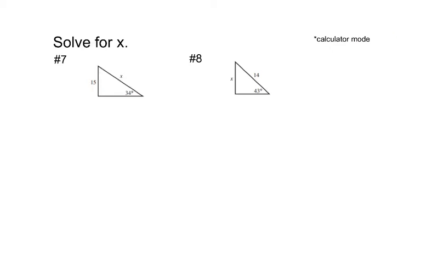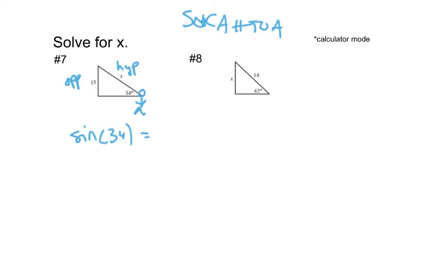The last ones here just use regular trig. We are standing here and trying to find the hypotenuse. So we'll use the opposite and the hypotenuse in SOHCAHTOA. We set it up as sine of 34 equals opposite over hypotenuse, so sine of 34 equals an opposite of 15 over x.